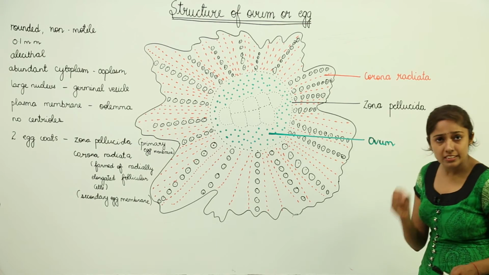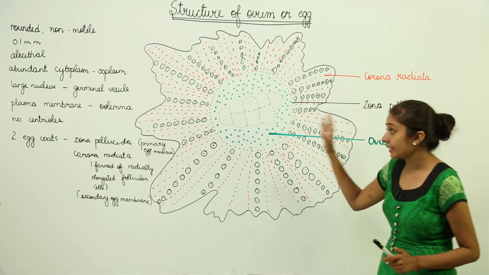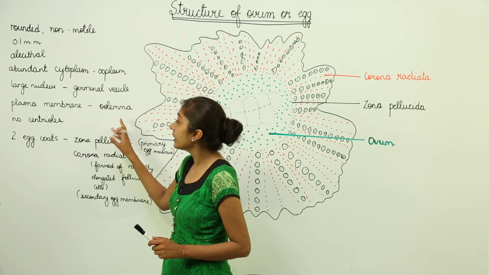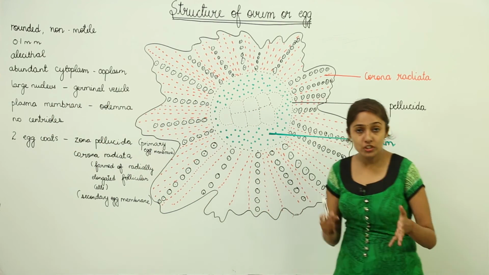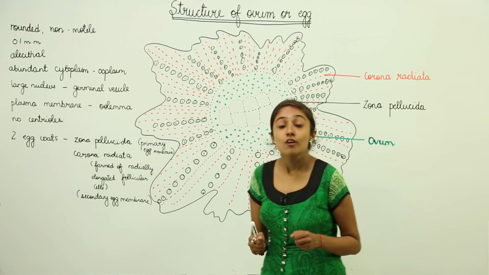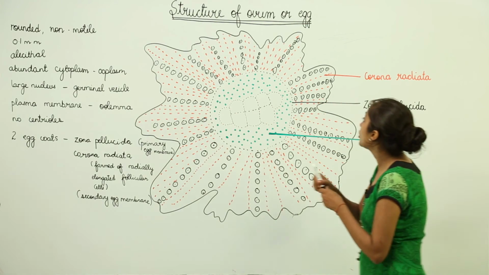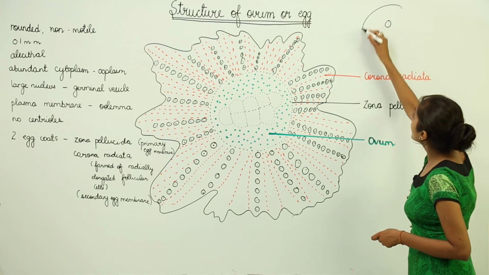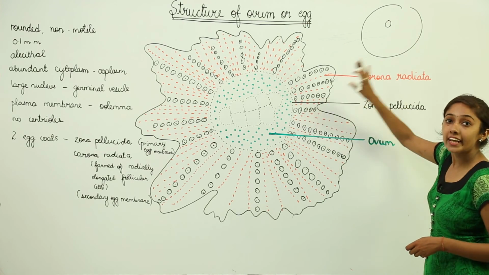So a very, very simple topic, how we will draw the structure of ovum or the egg. So just remember one thing more over here, that the plasma membrane is surrounded by many tiny projections which are going to absorb nutrition and food from the follicle. I'll just tell you, if you don't remember, that there are the follicles which contain the ovum or the egg.